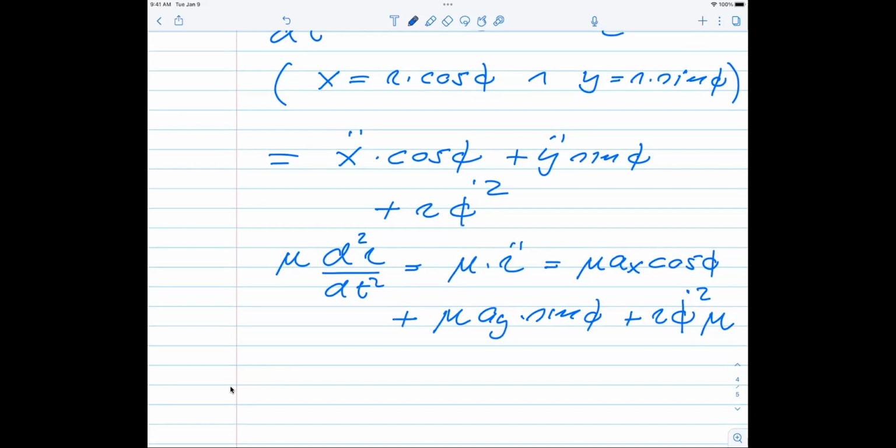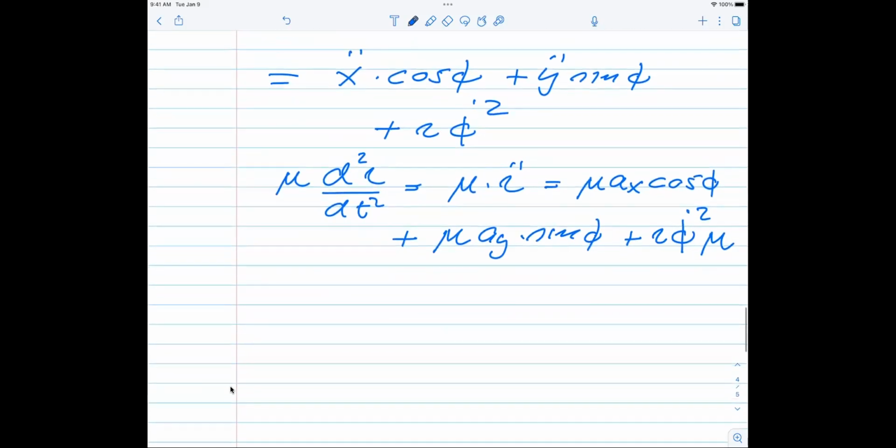So what we end up with then is something which we can rewrite as a force in the x direction plus a force in the y direction plus r of phi times mu here. And I'm going to call this now f of r.